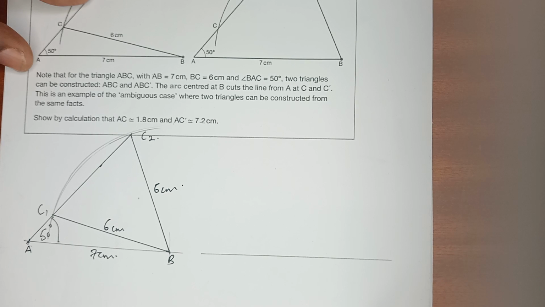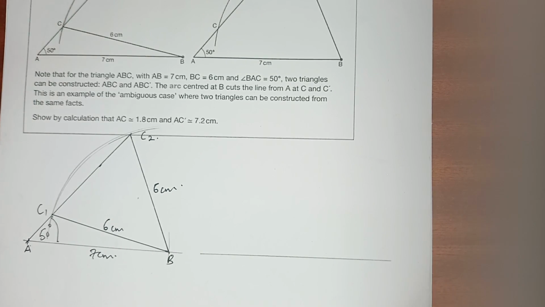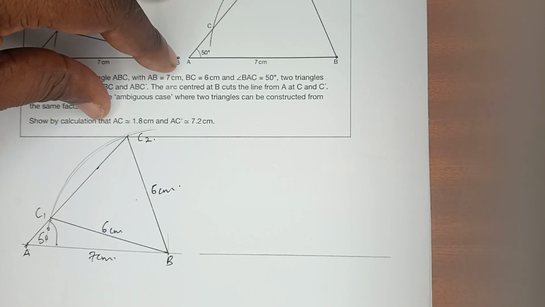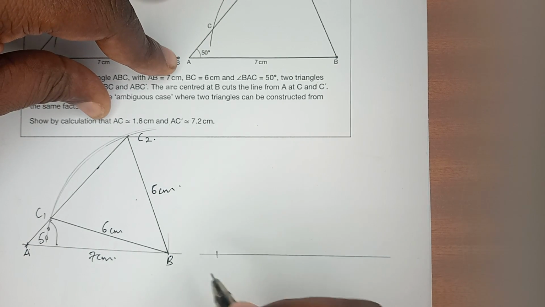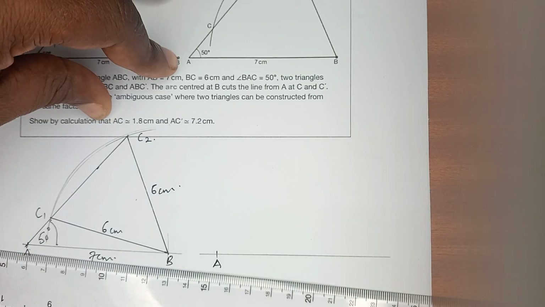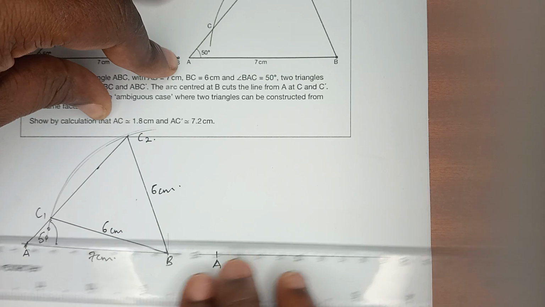What about if we just deal with triangle ABC1 here and create ABC2 here? We are going to start again from point A. From point A, we measure 7 centimeters. Let us have a ruler.